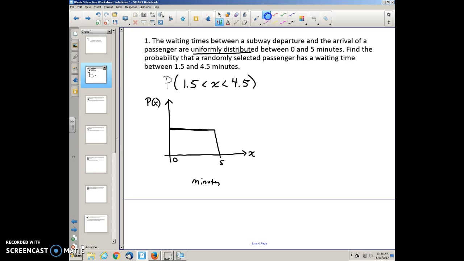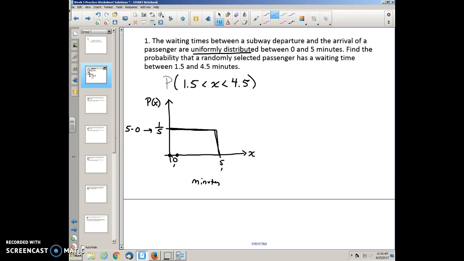The entire distribution between the lower limit of 0 and the upper limit of 5 is a rectangle. The probability of randomly selecting any single value within this distribution is 1/5. This 5 comes from using the endpoints, the lower limit and upper limit: 5 minus 0. 0 is associated with this point right here.